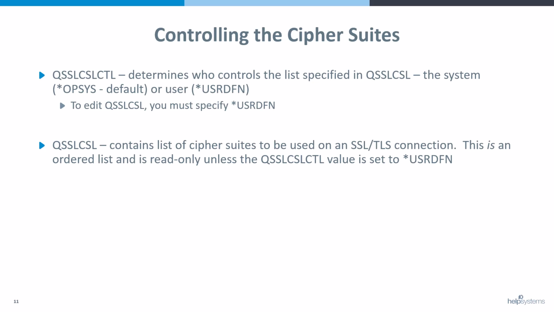These lists of ciphers is controlled by the QSSLCSL system value and is an ordered list. However, you can control the order that these ciphers are selected by using the QSSLCSLCTL system value and setting it to user defined.